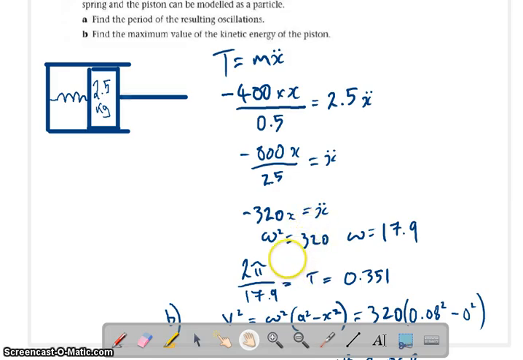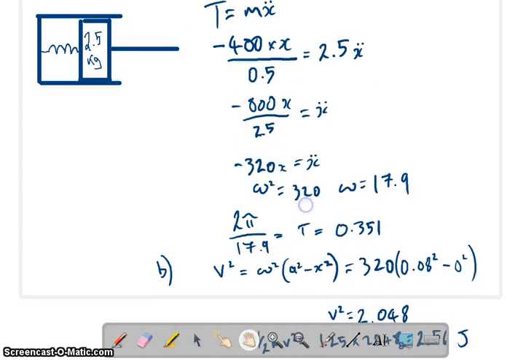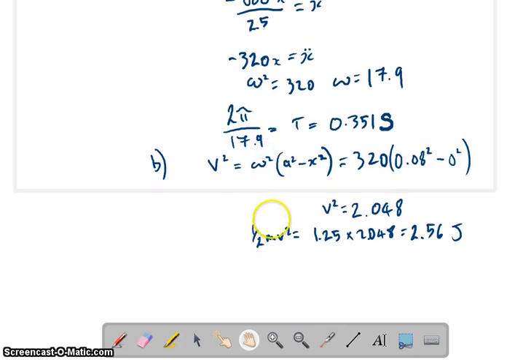So as period, I'm using T for period, don't get it mixed up with T for tension up here. The period is 2 pi over omega. We've got 2 pi divided by 17.9, which gives us 0.351 seconds. Quite important to include your units there, even though I haven't, so I'm going to put it in really big there. Seconds, S for seconds. So, B.